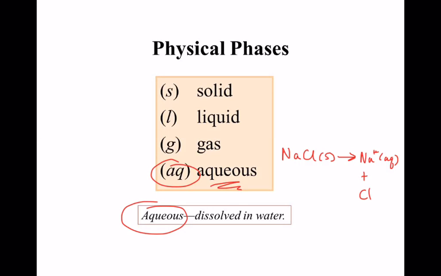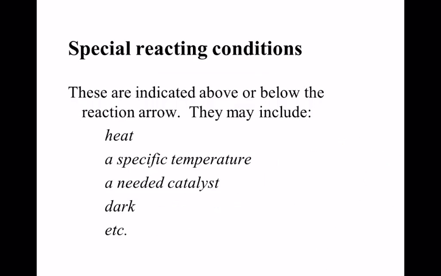If you find the chlorine in sodium chloride, it's a -1, just like we talked about in the previous unit. But we'll put an AQ next to that. And over the reaction arrow, we could put water, dissolving it in water. So in a nutshell, in this scenario, we have Na pluses and Cl minuses running around. So that's what AQ means. It's a nice, quick, easy way to show that a substance is dissolved in water.